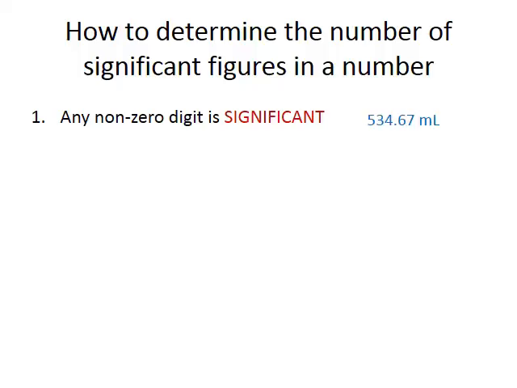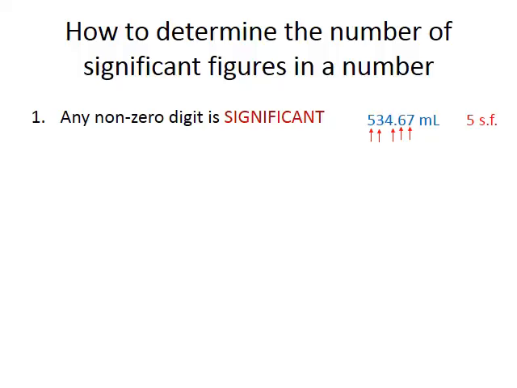For example, in the number 534.67 milliliters, every one of those digits, and there are 5 of them, one for each place, is considered significant. So we say that we have 5 significant figures in this number, one for each place that's actually displayed there.